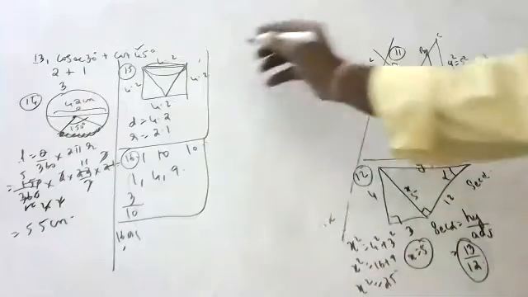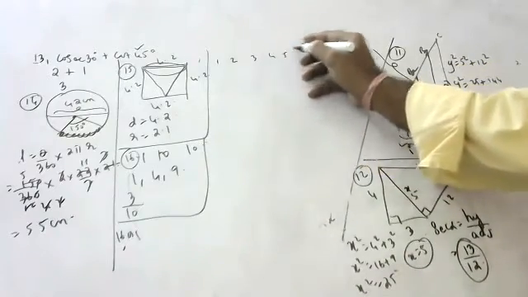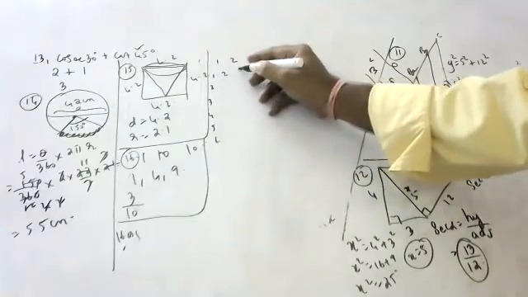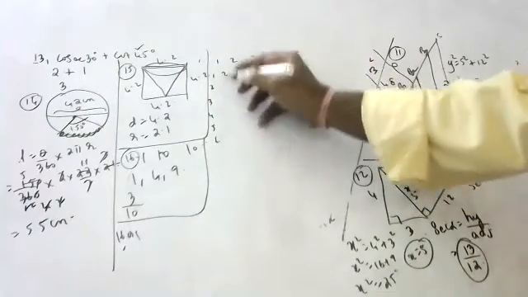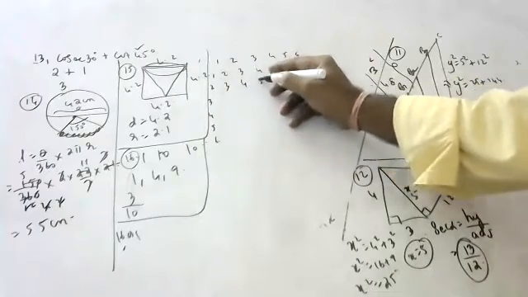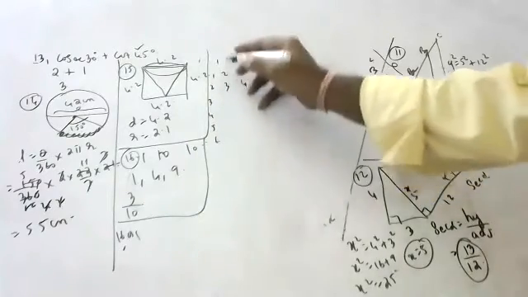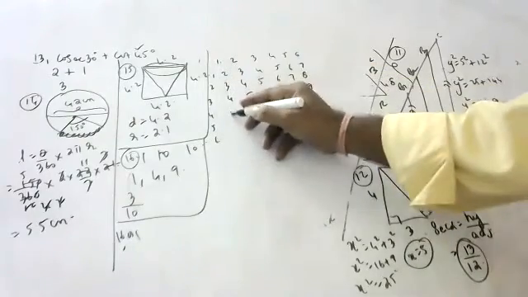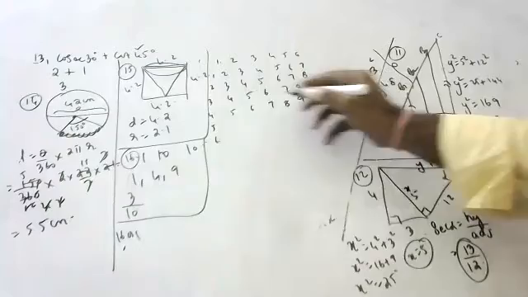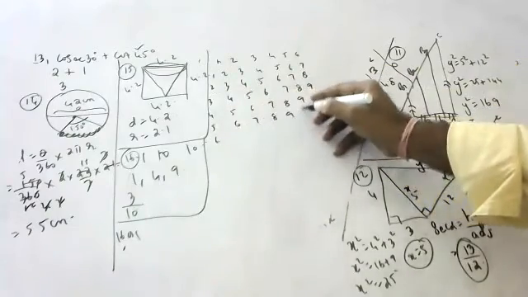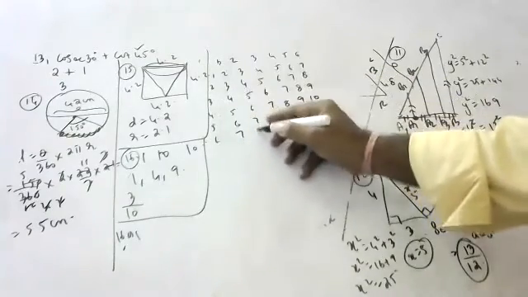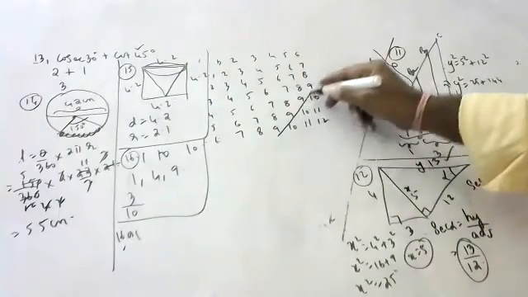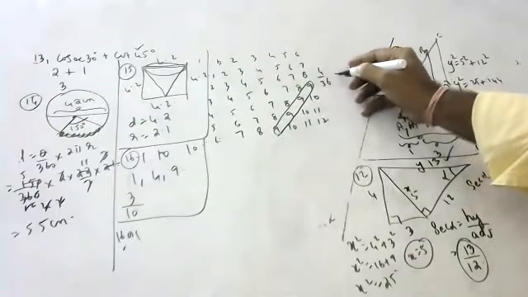Listing the sums: 1, 2, 3, 4, 5, 6; then 2, 3, 4, 5, 6, 7; then 3 to 8; 4 to 9; 5 to 10; 6 to 11; and 7 to 12. We get a sum of 9 in 4 out of 36 outcomes, so the probability is 1 by 9.